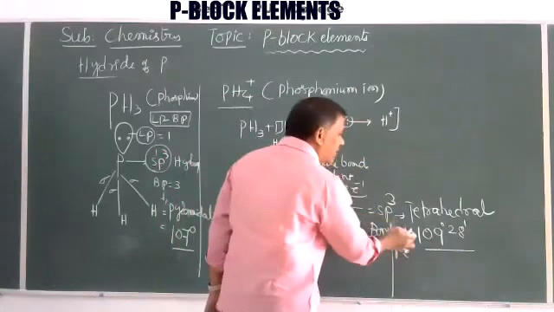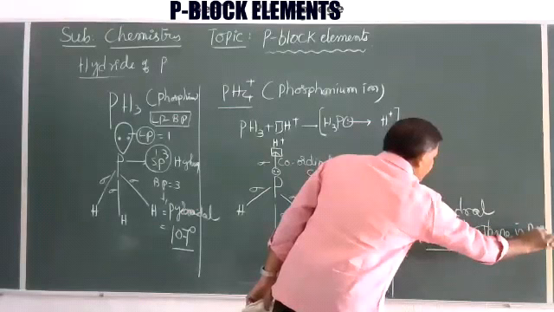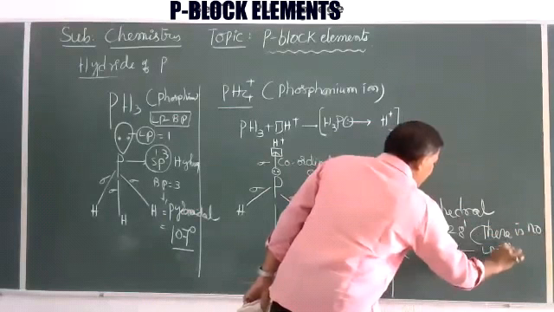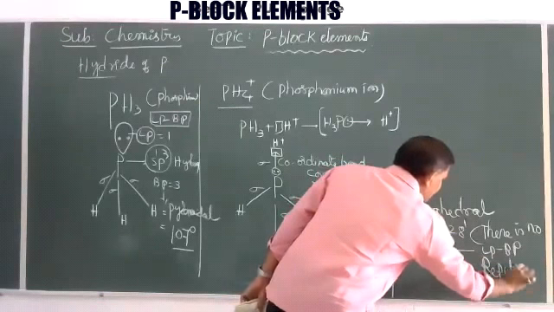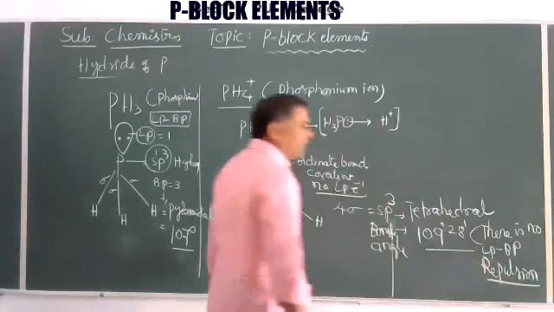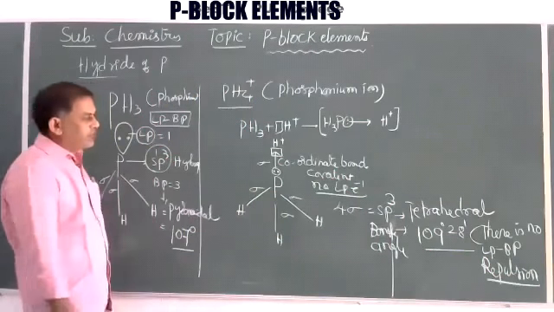Why is it 109 degrees 28 minutes? Because there are no lone pair and bond pair repulsions. In the absence of these repulsions, the bond angle stays as it is, 109 degrees 28 minutes.